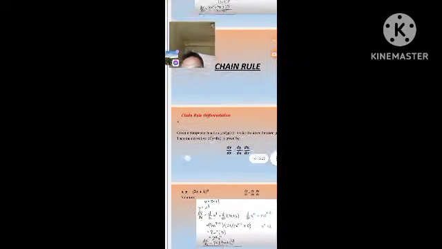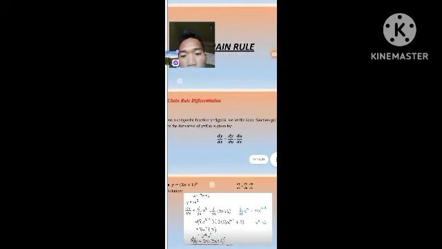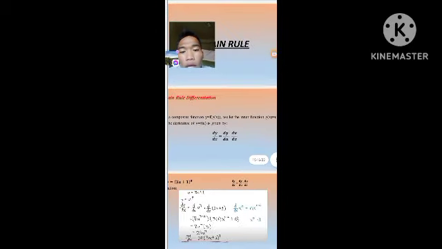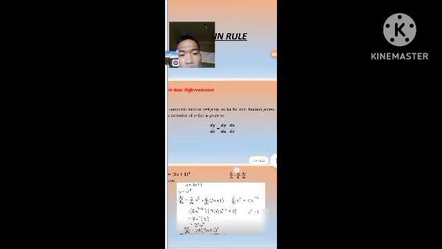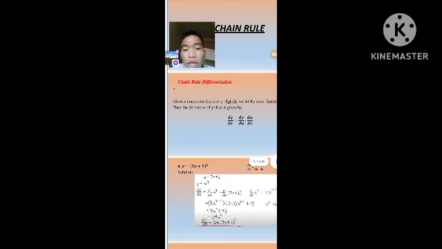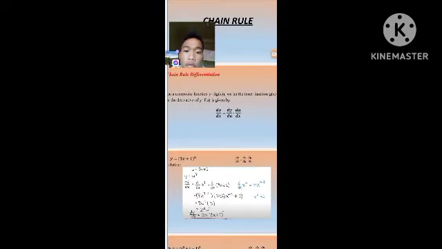So we have the chain rule. Chain rule differentiation is, given a composite function y equals f of g of x, we let the inner function g of x equal u. Then the derivative of y equals f of u is given by dy over dx equals dy over du times du over dx.